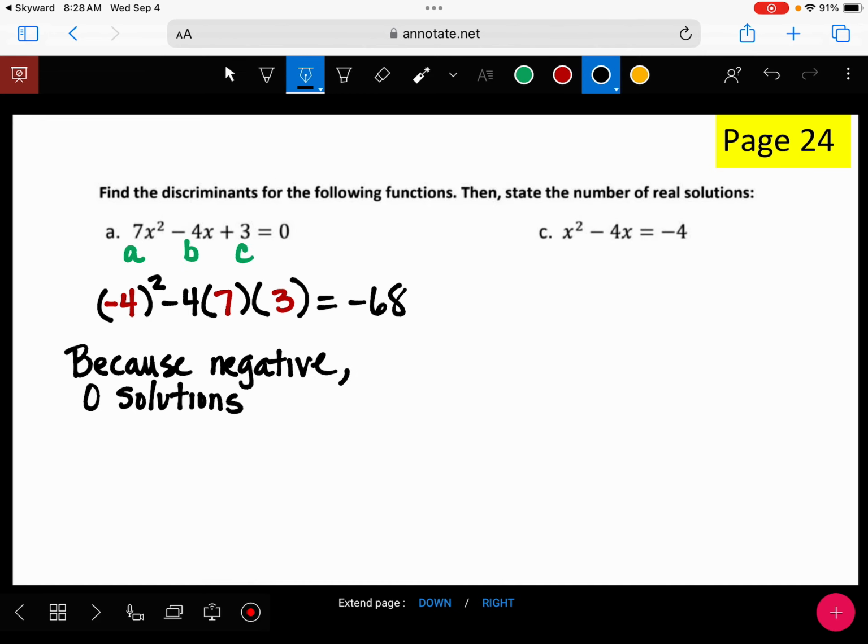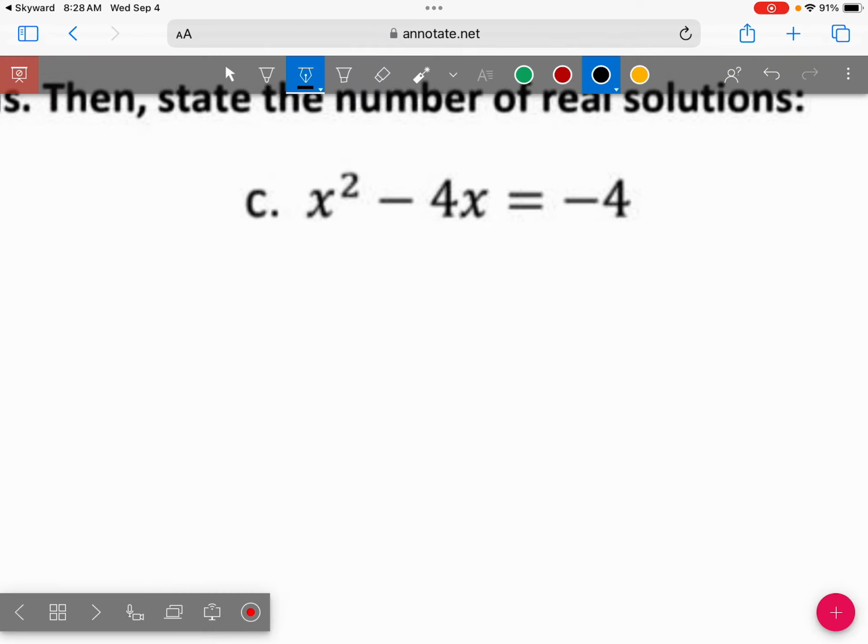When we look at question C, notice that this is the first one that doesn't equal 0. So before we could do it, we have to add this 4 to the opposite side. We don't have any like terms over here because this is an x squared, this has an x. There is nothing that has just a number.